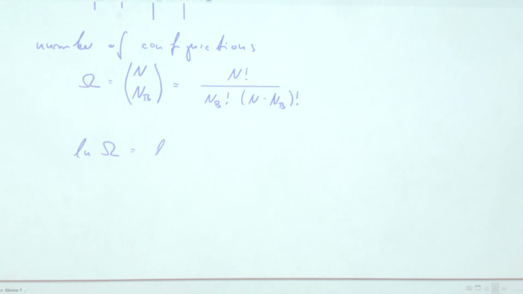So that's the logarithm of N factorial. And here we can again apply Stirling's formula.